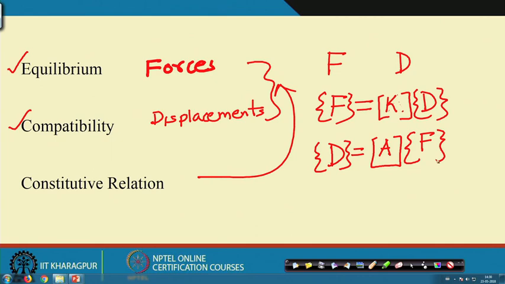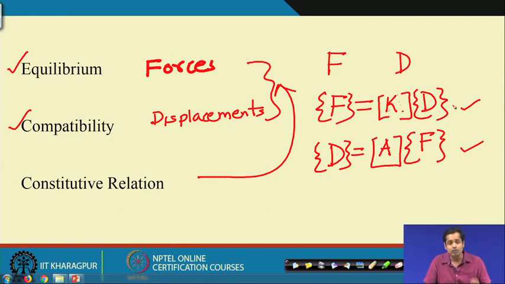Now, these two relations essentially tell us the similar thing, but in a different way, in the sense of whether with the knowledge of force we determine the displacement, or with the knowledge of displacement we determine the force. Based on which definition we are using, we have two classes of methods: force method and displacement method.